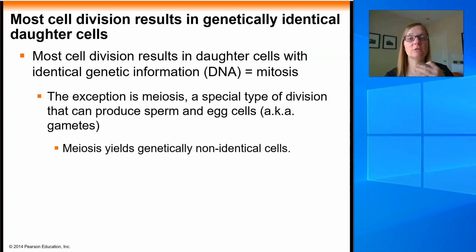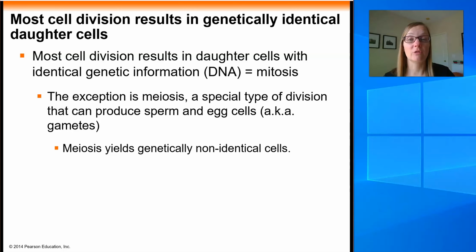So it's essentially creating clones of the same cell, right? You take one cell, you copy it, and you make 2 cells out of that single cell. That's mitosis. The exception, or the other kind of cell division, which we're going to talk about in chapter 13, is called meiosis. This is a special type of cell division in animals that can produce sperm and egg cells.